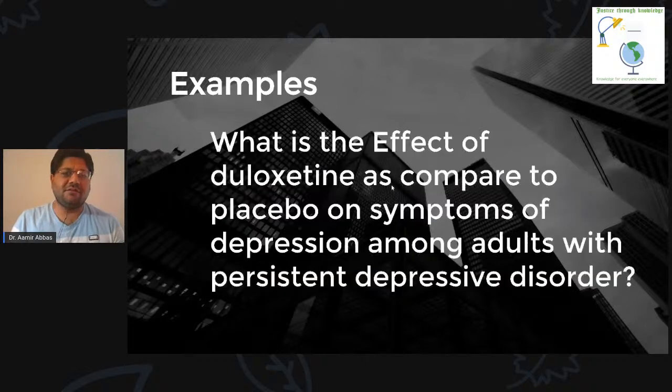There's a lot of detail, but one of the research questions which can be identified in the methods of this study is what is the effect of duloxetine as compared to placebo on symptoms of depression among adults with persistent depressive disorder?